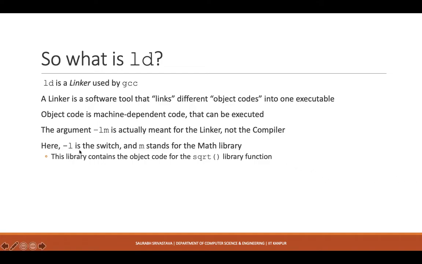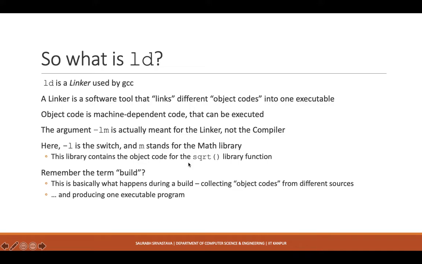With this so-called -lm switch, at the time of linking, this math library got linked with your quadratic equation code, and the final executable had the definition for sqrt. Now there was a term called build.